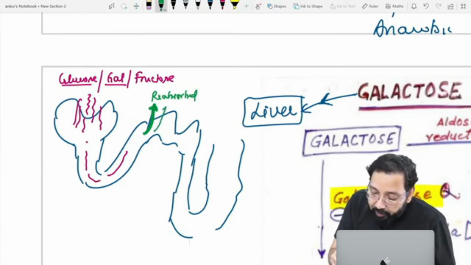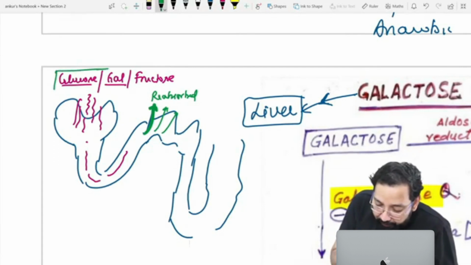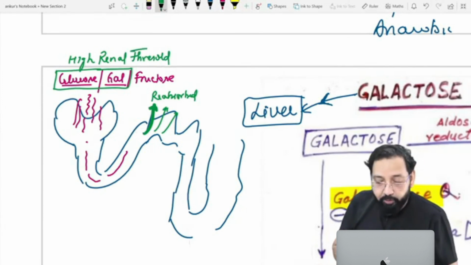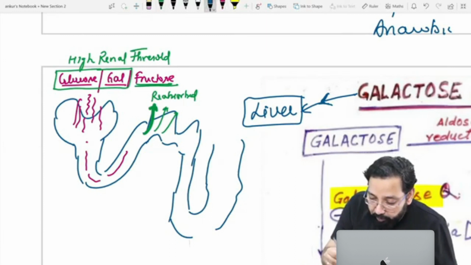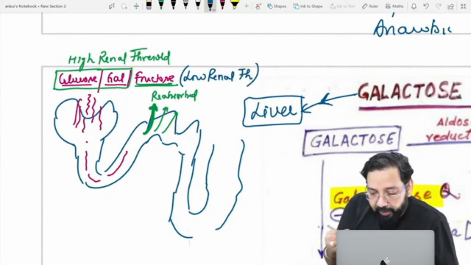All these three are reabsorbed, but glucose and galactose have a high renal threshold, while fructose has a low renal threshold. Why?